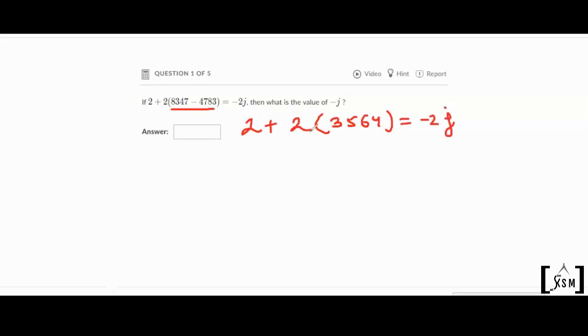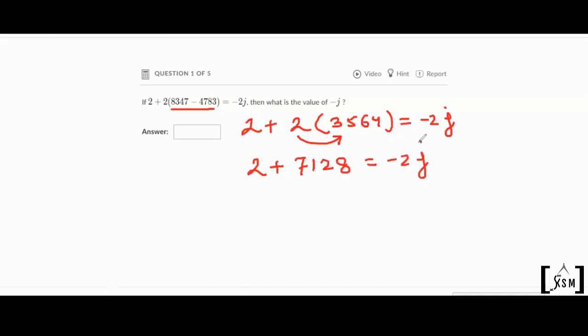Then this 2 will be multiplied with 3564. Please understand guys, 2 will not be added with this 2. So we multiply them. Multiplying 3564 with 2, we get 7128 is equal to negative 2j.